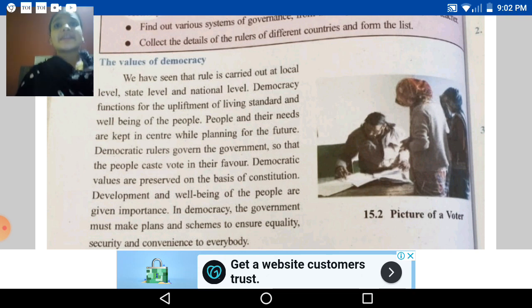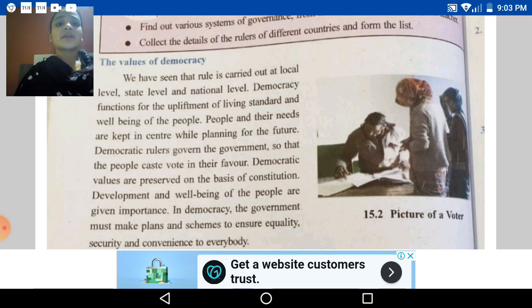People's standard of living will rise from below the poverty line, and they can grow upwards and live a better standard of life. People's needs are kept at the center while planning for the future. If the government is making any policy, they keep in mind what effect it will have in future. Will below poverty line people get any benefit? Will the standard of living rise?